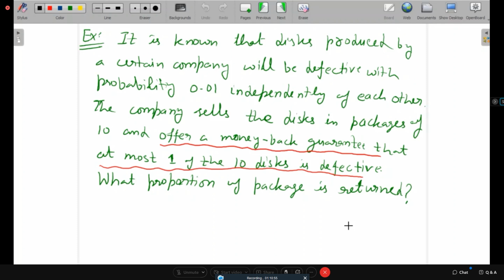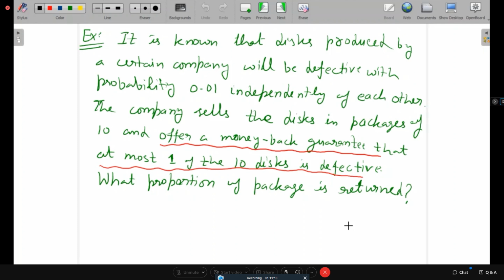If you name them x1, x2 and so on, all will denote Bernoulli trials. Now the company sells the discs in packages of 10. So if you go and buy, you have to buy a package of 10.